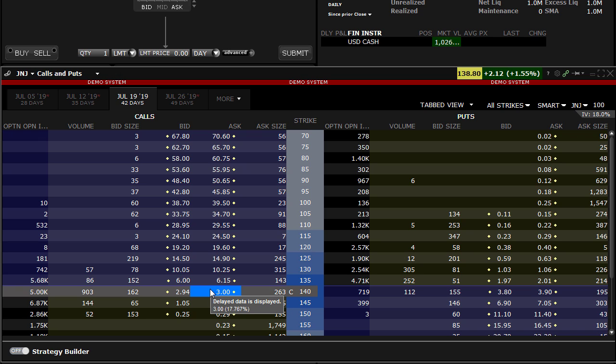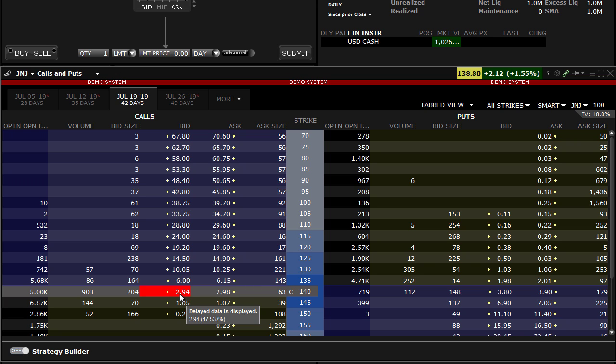In this case, you'd sell it for $2.94, or that's $294 for every 100 shares that you own. So you own 100 shares of Johnson & Johnson at 138.80, and basically every 6 weeks here, you can sell and make $300 essentially on this stock. So it's like getting a synthetic dividend, right?